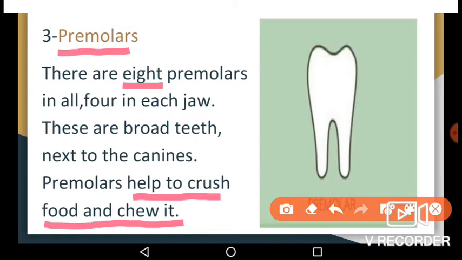They have a flat surface for crushing and grinding food into smaller pieces to make it easier. Baby molar teeth are replaced by adult premolars. Infants and young children don't have premolars because these teeth don't start to come in until around the age of 10.